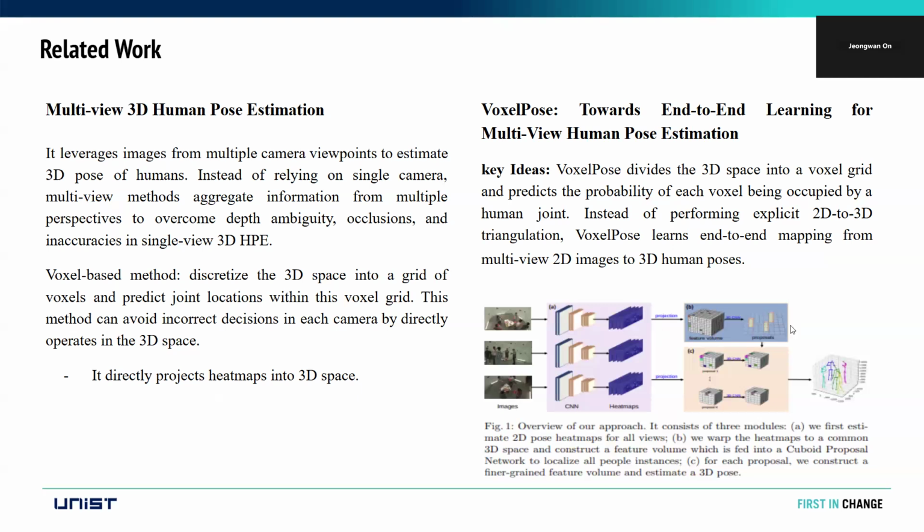If you look at the top line, they take multi-view images as the input, and then through their CNN backbone, they first estimate the 2D heat maps, then project them into a 3D voxel grid, and then get the proposals of the 3D human pose. Through the 3D CNN, they can get the 3D pose of the humans.